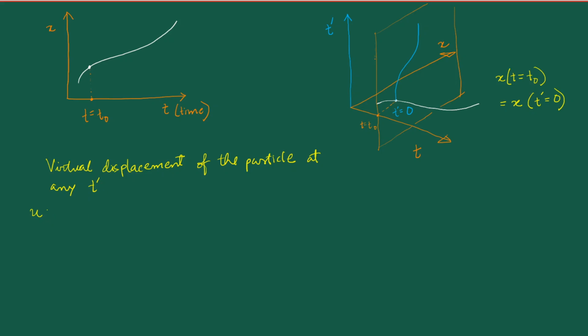So let us depict that virtual displacement by u. So u equals x of t dash minus x of t dash equal to 0. Okay, so after this point I will just write x corresponding to 0. Now this thing can be Taylor expanded about 0.